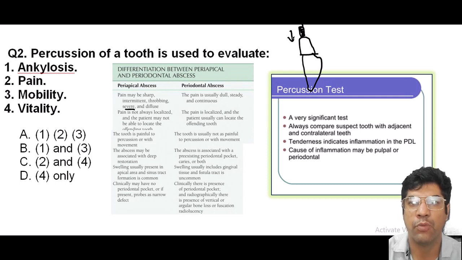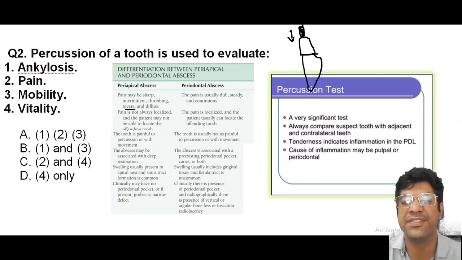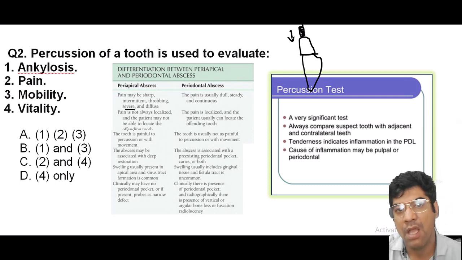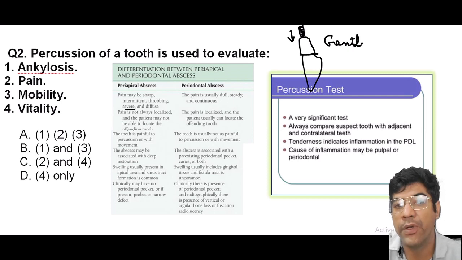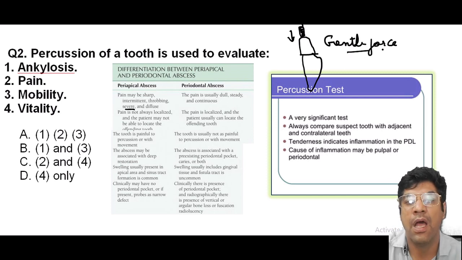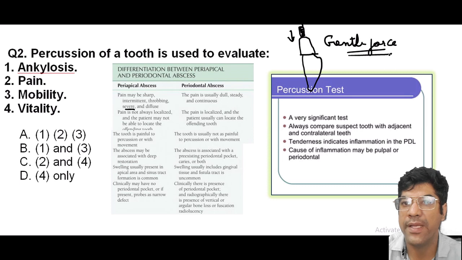So what is the goal of this test? The goal of this test is to assess tooth response to mechanical stimulation. So remember, a dentist should always apply gentle force. It is also important to note that a positive response to percussion does not mean that there is always an endodontic disease.